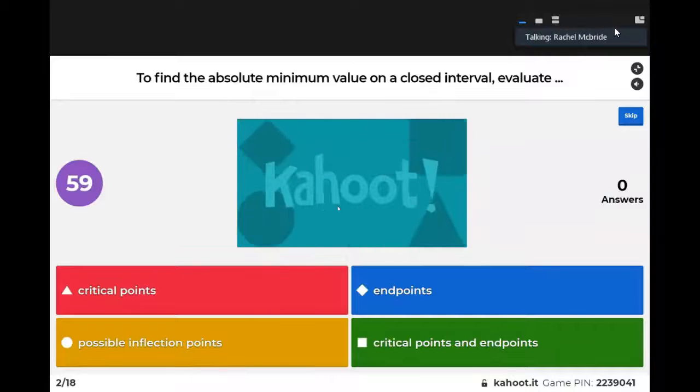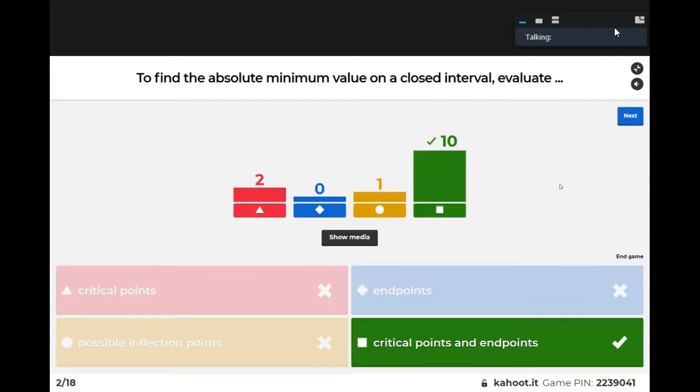To find the absolute maximum or minimum on a closed interval, you have to evaluate what? All right, excellent.